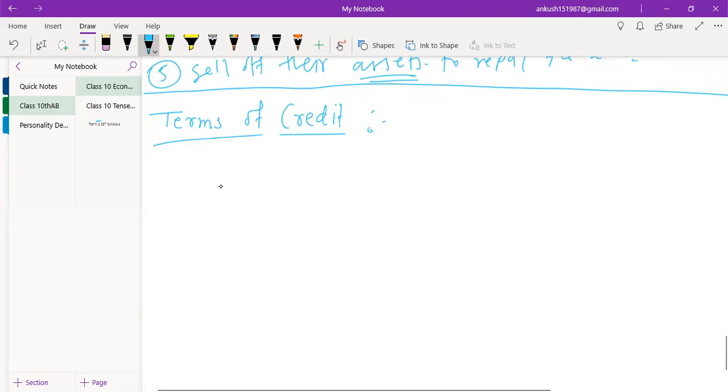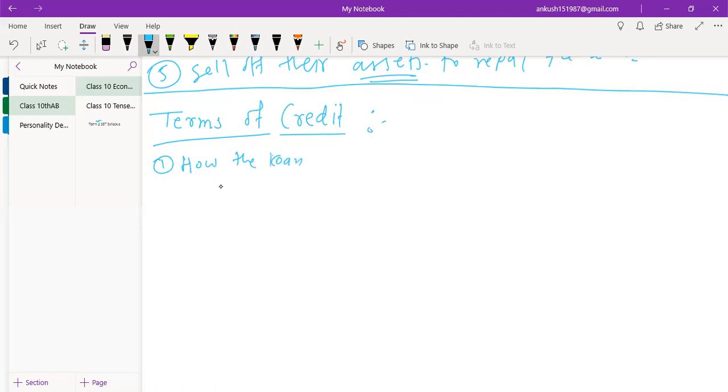Through the book as well as through some points, we have understood how credit can help us make our life better, and even how it can put us into a trap, or in difficulties or problems. Have you got it? Yes, sir. Got it.